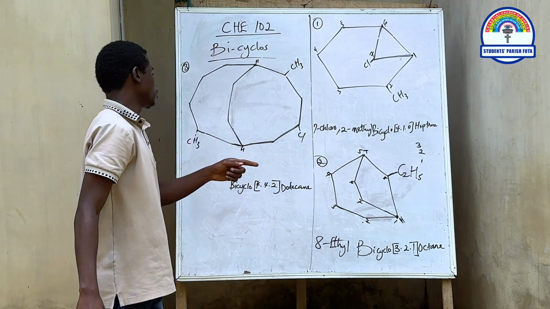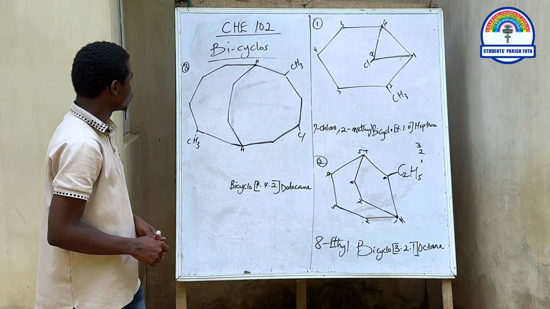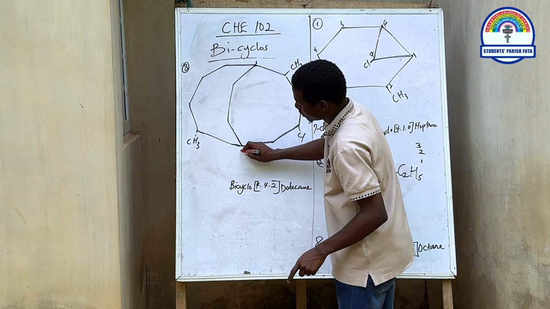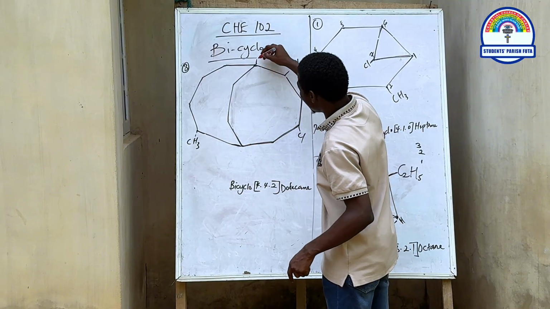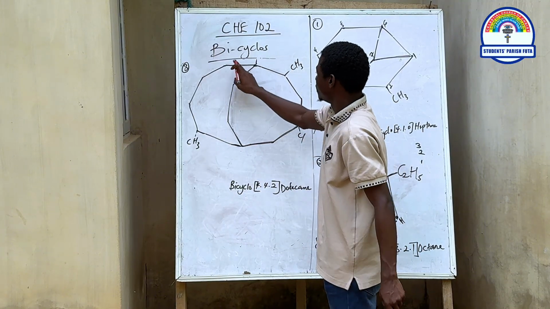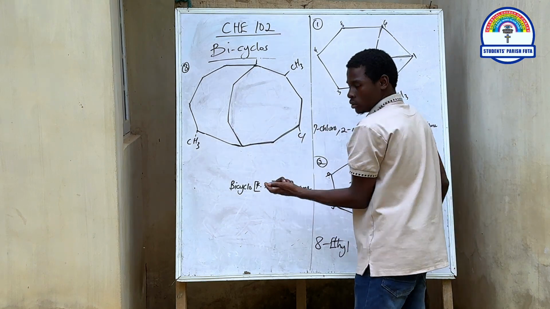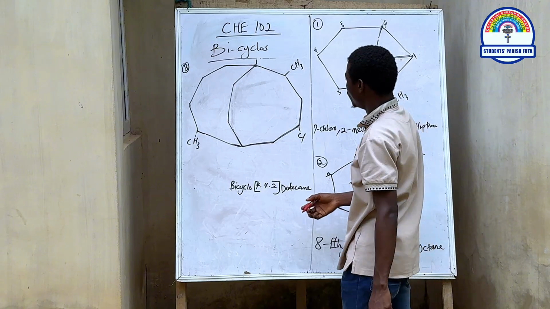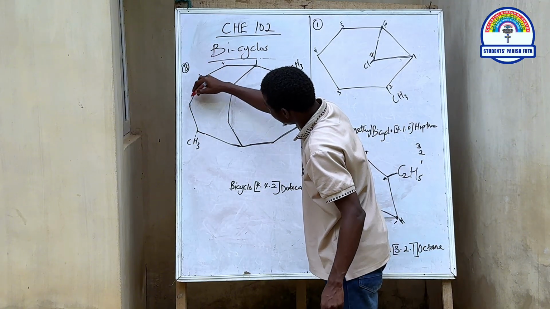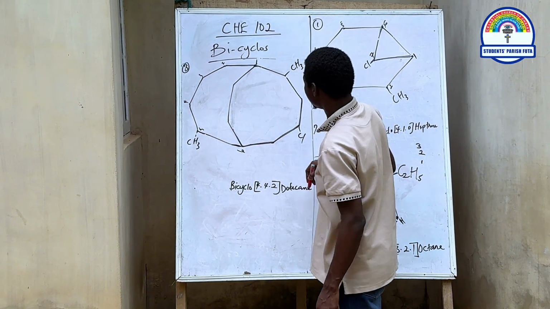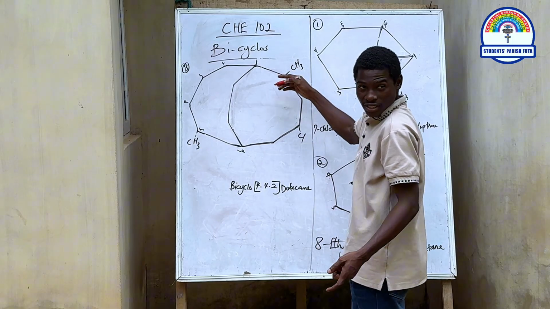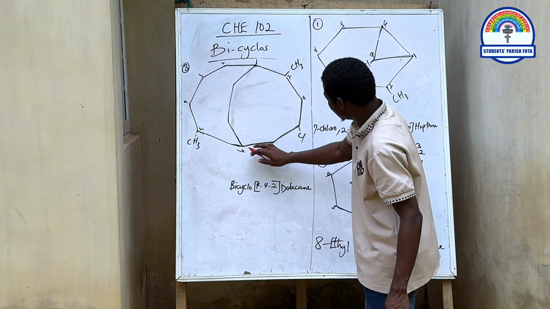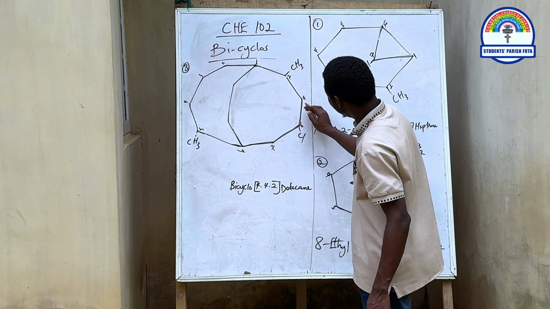So bicyclo 4.4.2 dodecane. Now, naming the substituents, you can either call this 1 or this 1. But let's first call this 1 and see what it will give. You take the longest pathway, the pathway that has the longest number of steps, either this or this. If you go with this, 2, 3, 4, 5, 6, then the next pathway that has the higher number of steps, that's 4 as well: 7, 8, 9, 10.